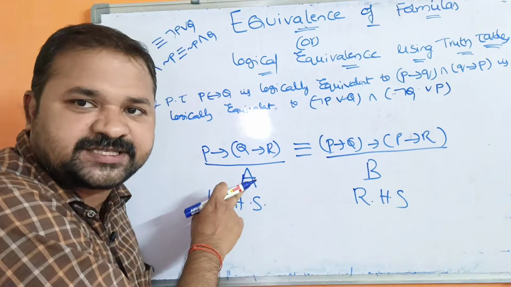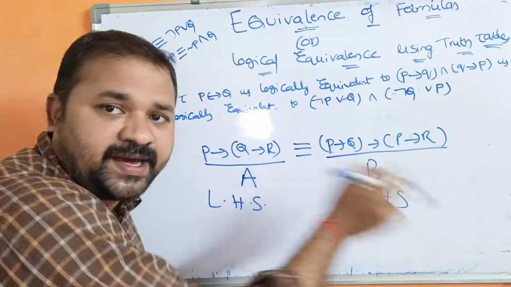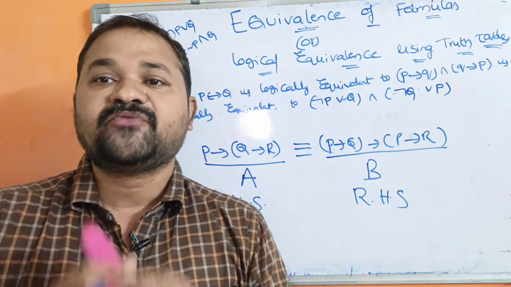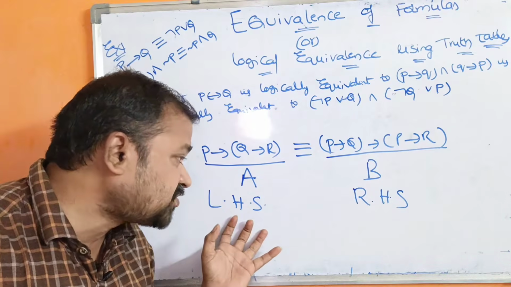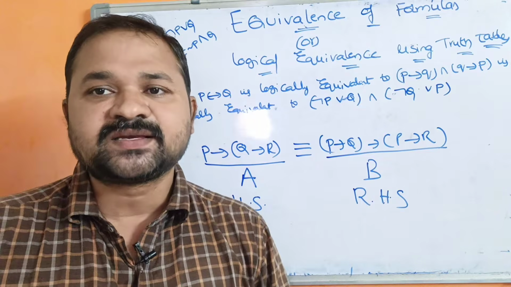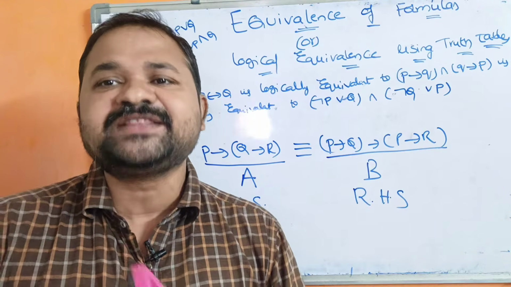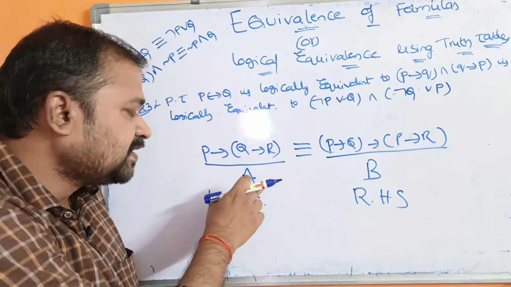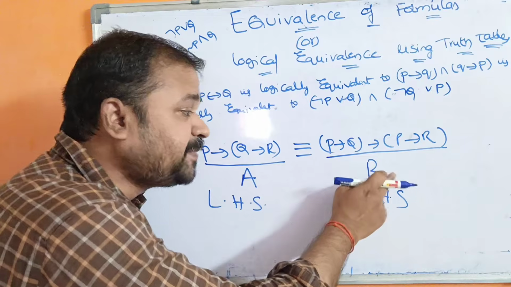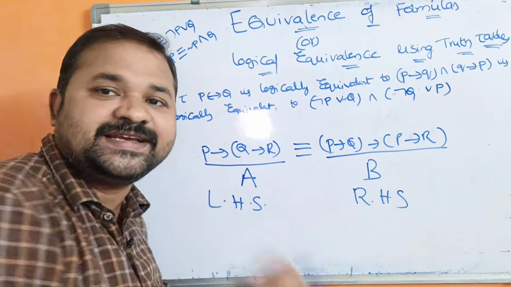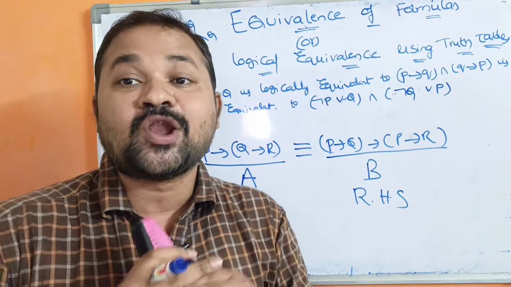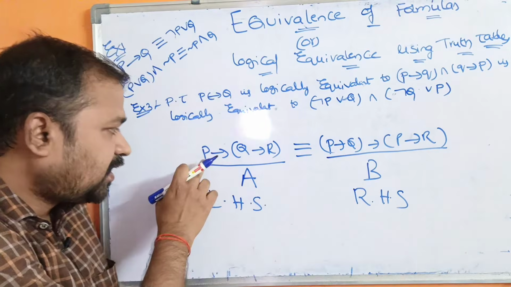Two propositions A and B are said to be logically equivalent when the truth tables of A and B are equal. That is, after calculating the truth table, if the final column in the truth tables of A and B are equal, then those two propositions are called logically equivalent.